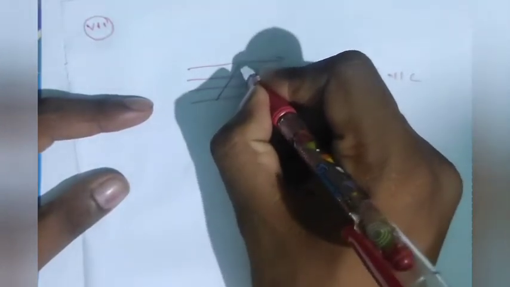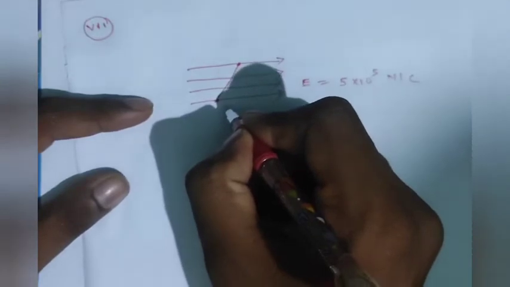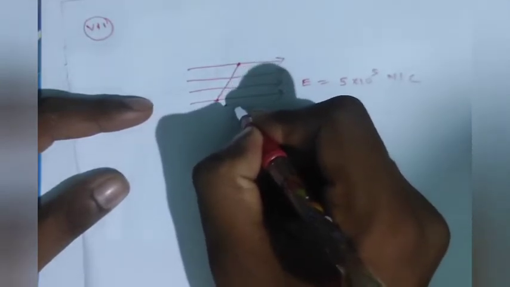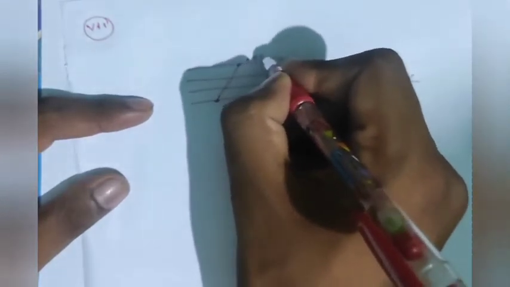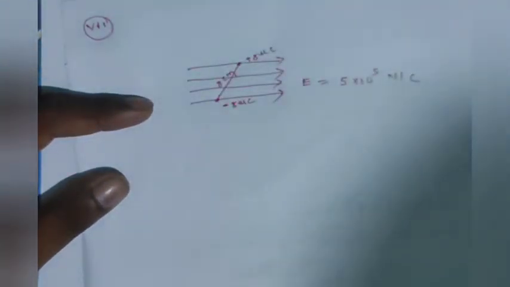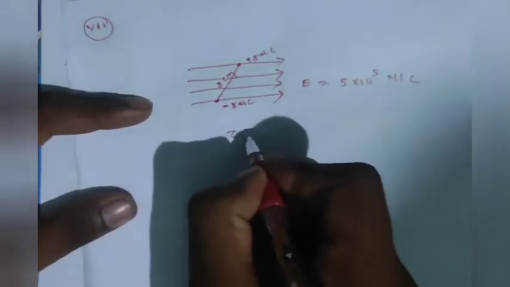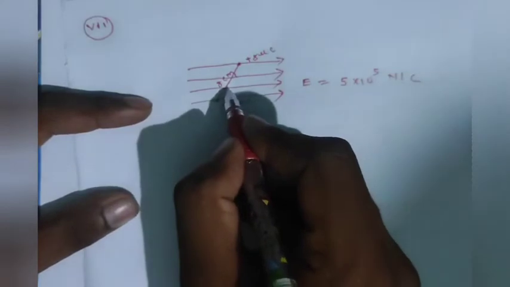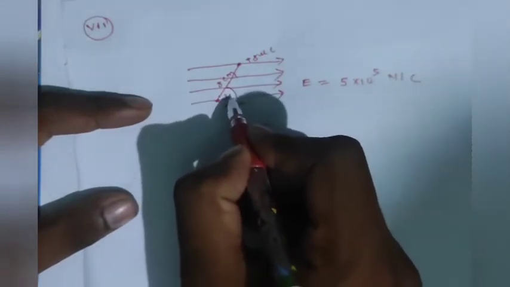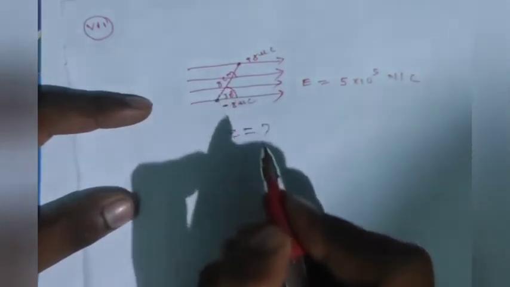This is the electric dipole, which consists of two charges, minus 8 microcoulomb and plus 8 microcoulomb, separated by a distance of 8 centimeter. So then we have to find what will be the torque on this dipole, and this dipole is making an angle 30 degree with the electric field.